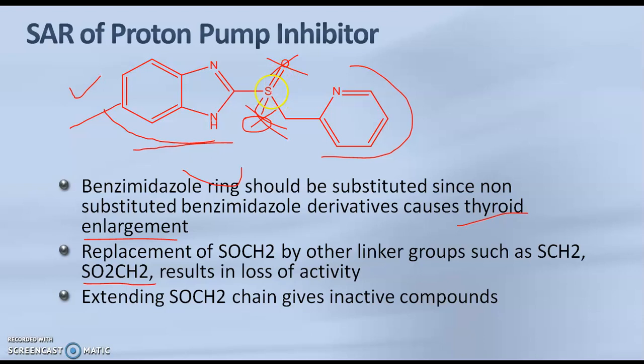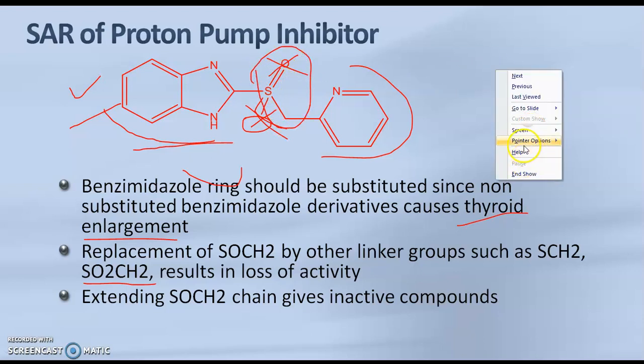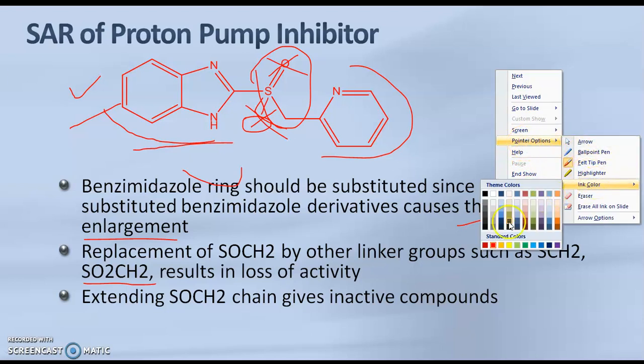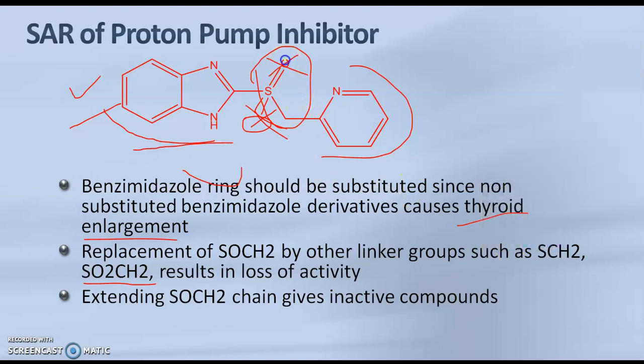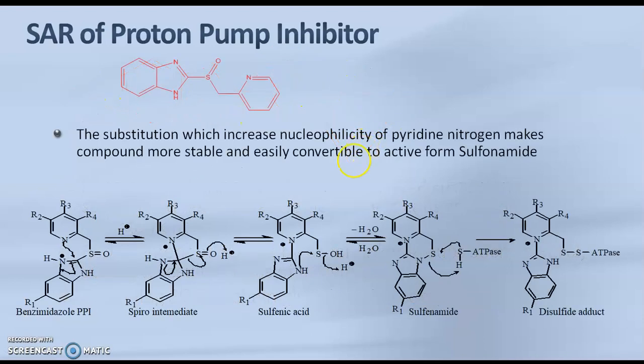It means that SOCH2 is essential for the activity, and extending or doing anything with this results in a decrease in activity. So far I discussed the SAR of the benzimidazole ring and the SAR of sulfonyl-methylene, and now I'm discussing the SAR of pyridine.